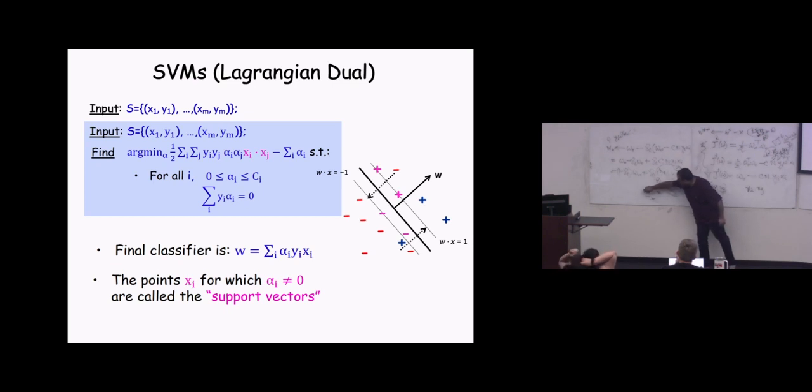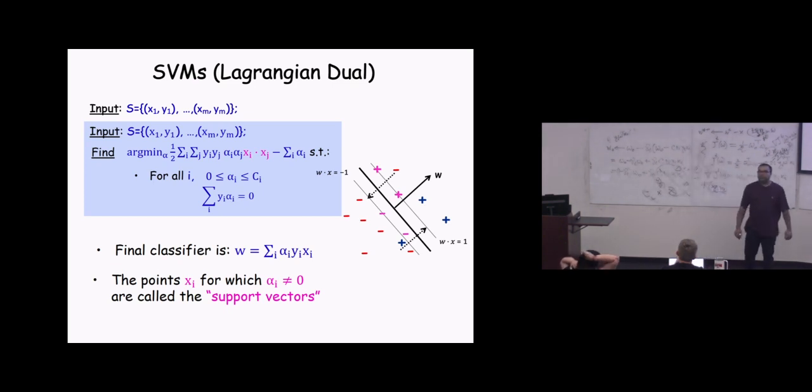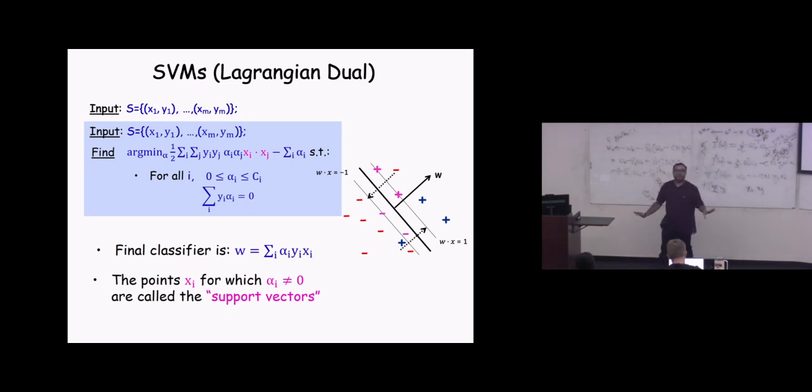Here, these are 0. So all the points for which alpha is not 0 are called support vectors. These are the support vectors of this decision plane that actually define this plane. And these support vectors try to maximize this margin. Others are ignored. They don't have a say in this decision plane because they don't matter anyway. Okay?